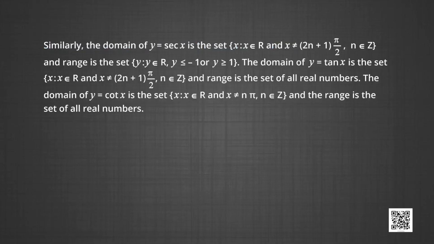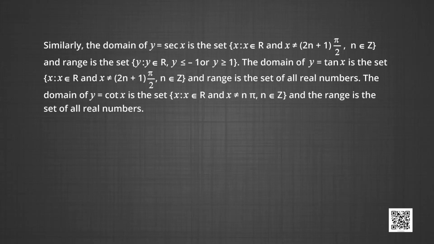Similarly, the domain of y = sec x is the set of x such that x belongs to R and x is not equal to (2n plus 1) pi by 2, where n is an integer, and the range is the set of y such that y belongs to R, y is less than or equal to minus 1 or y is greater than or equal to 1.